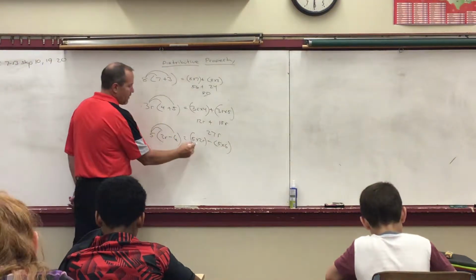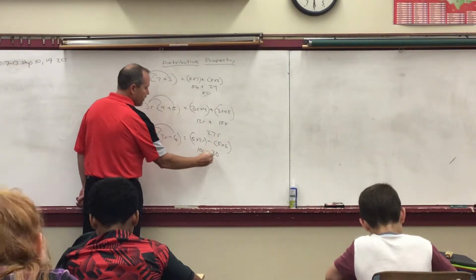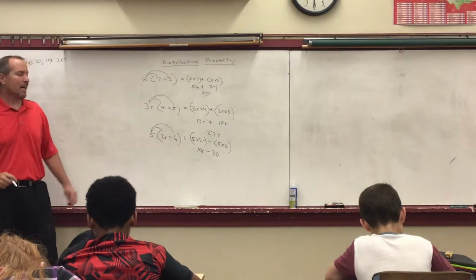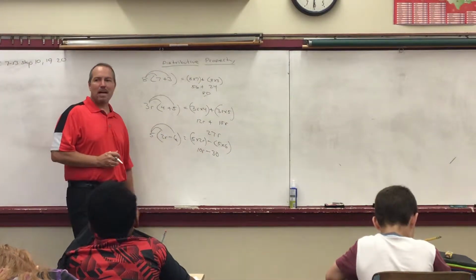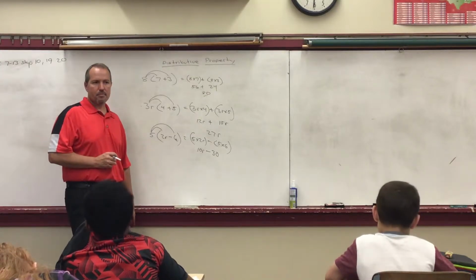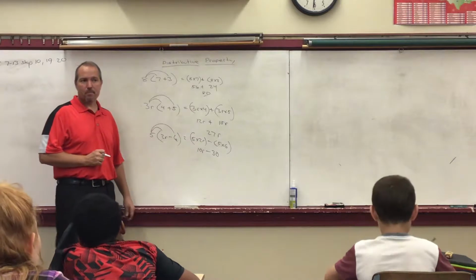So now 5 times 2 gives us 10r, minus 5 times 6 is 30. Now, since this has a variable and this does not, we can't combine them. Here they had the same variable, that's why it allowed us to combine them.